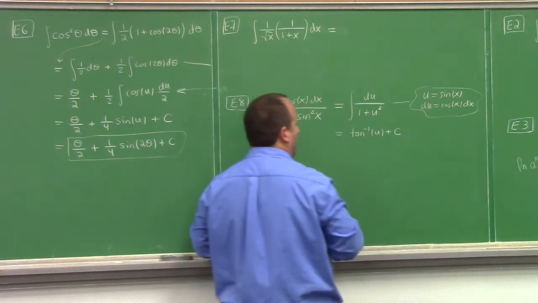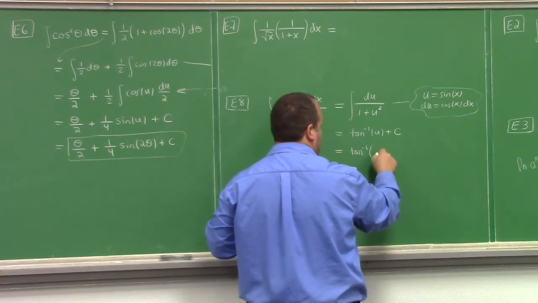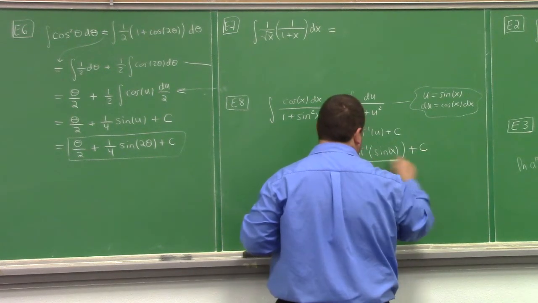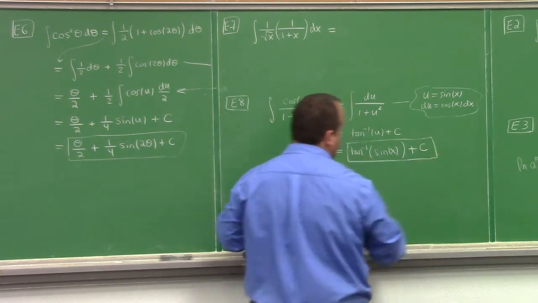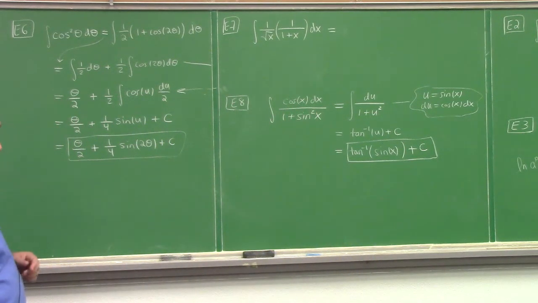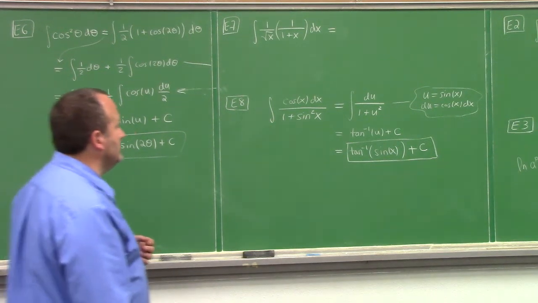Yeah. And so that, going back to the original variable, is inverse tangent of sine of x plus a constant. Now that I've done example 8, think back on example 7 now. I'll write it.